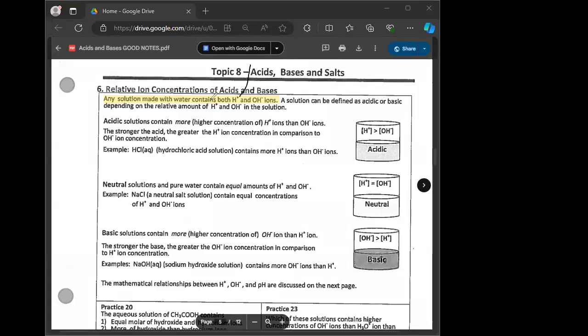In fact, usually the concentration of hydrogen ions is 10 to the negative seventh power. And to the negative seventh power means that we would move the decimal point 7 times to the left. So that's a very, very small decimal. And the same thing with the OH ions, it also is 10 to the negative seventh power.